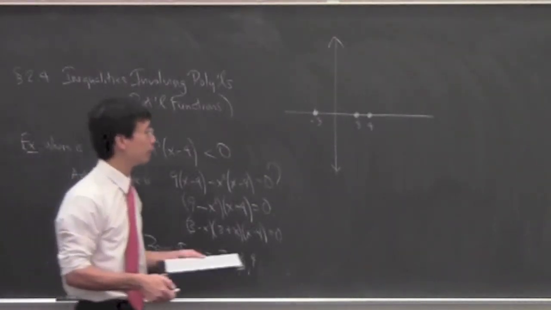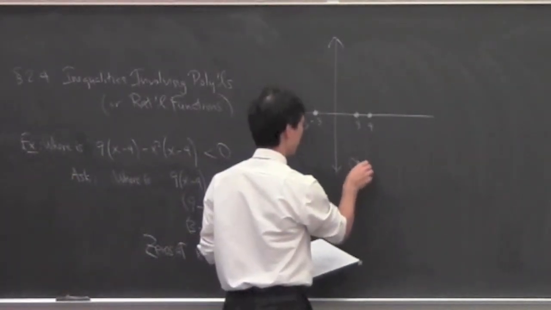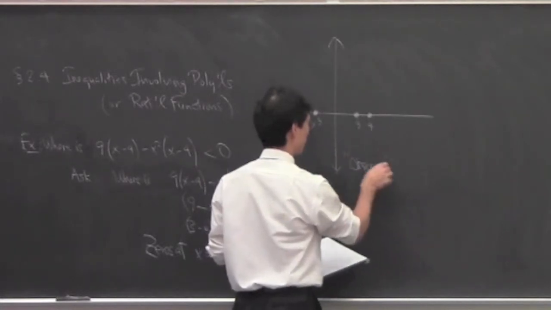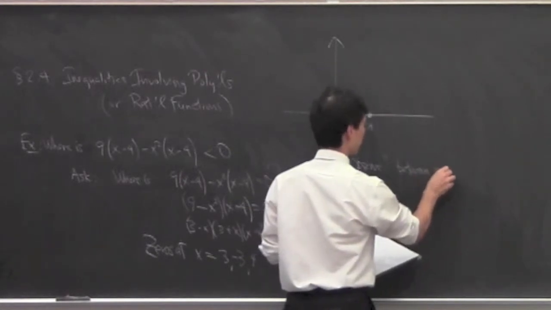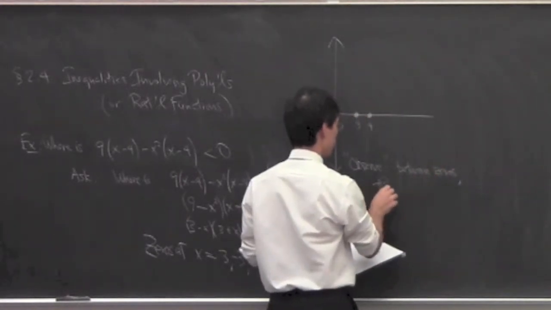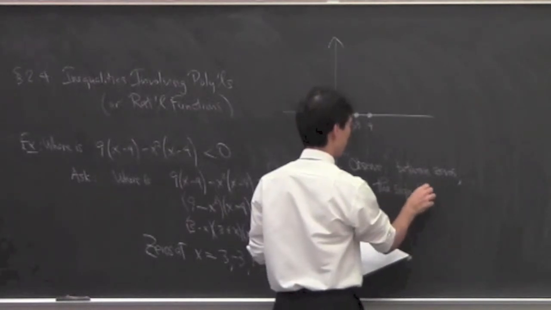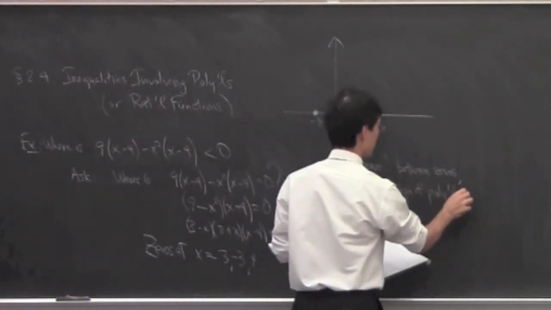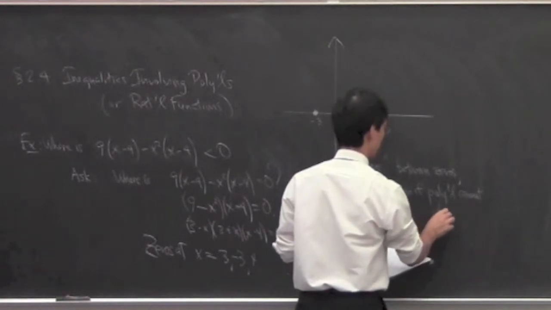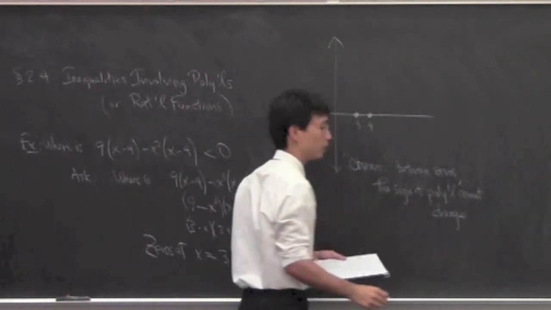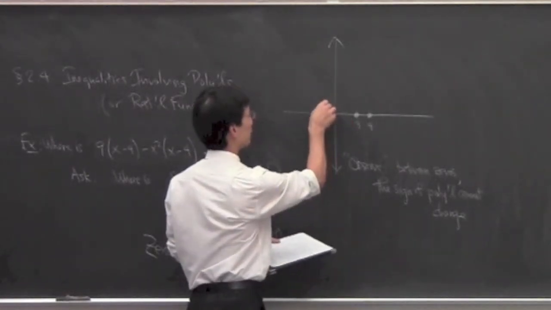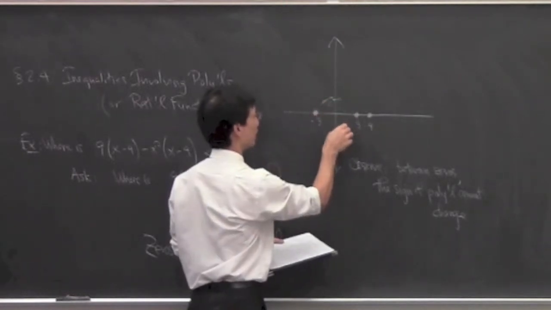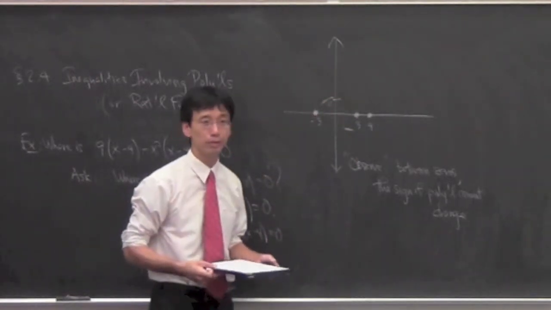And we make the following observation: between the zeros, the sign of the polynomial cannot change. That is, between here and here, we can't have it sometimes positive and sometimes negative.